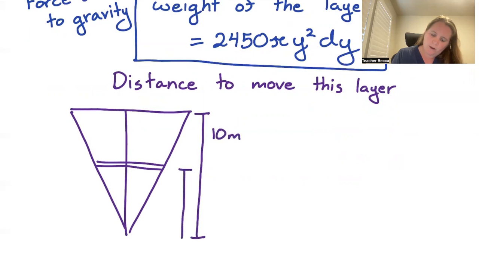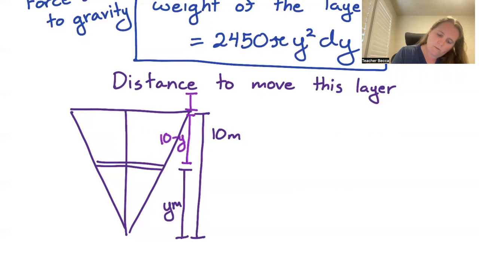Our sliver is y meters above ground. So that leaves us with 10 minus y meters to go to get to the top of the tank. And then we have an additional 1 meter to go to the spigot.